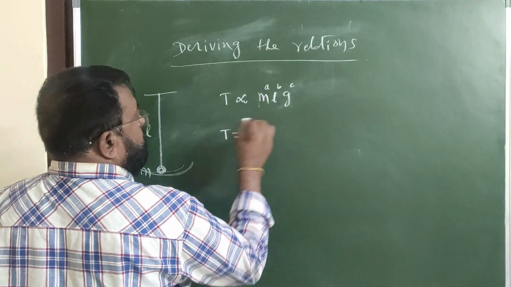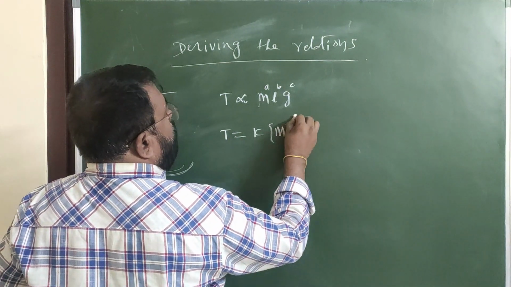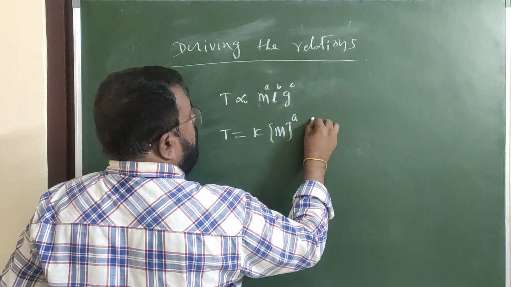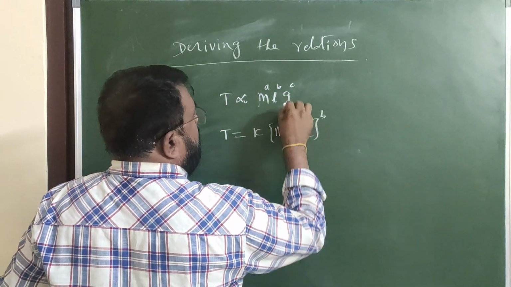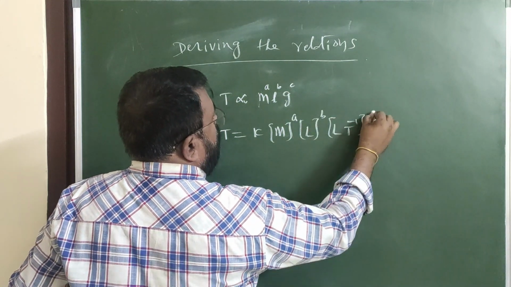Therefore, T is equal to a constant, mass with dimensional formula M, whole to the power of a, L to the power of b. This is acceleration, (L t to the power of minus 2) whole to the power of c.